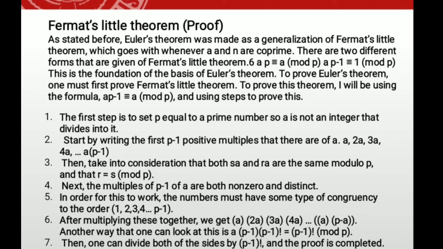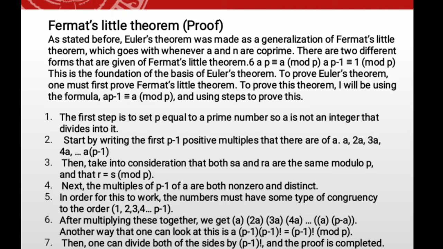Fermat's Little Theorem proof. As stated before, Euler's theorem was made as a generalization of Fermat's Little Theorem, which goes with whenever a and n are co-prime.